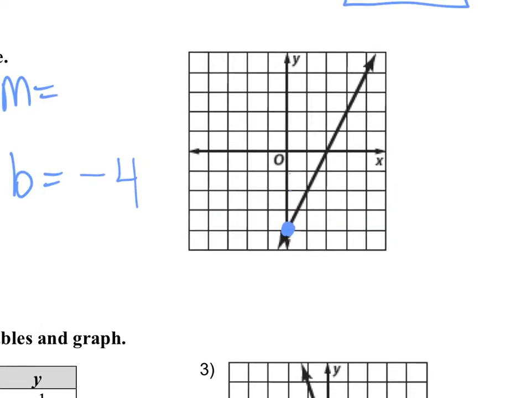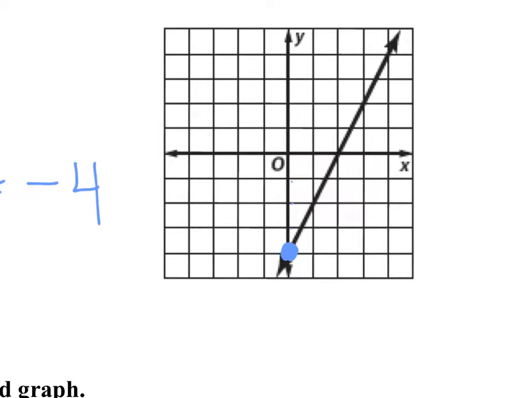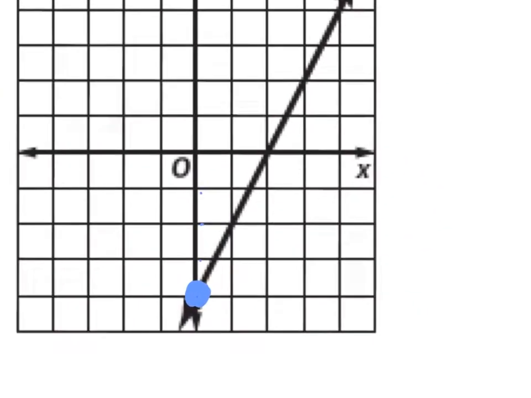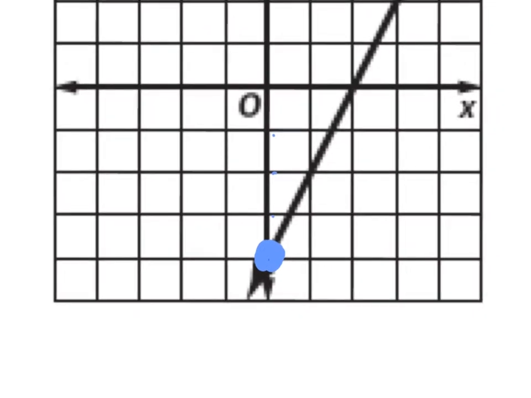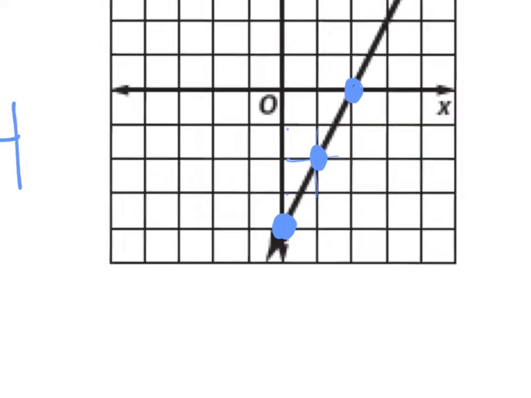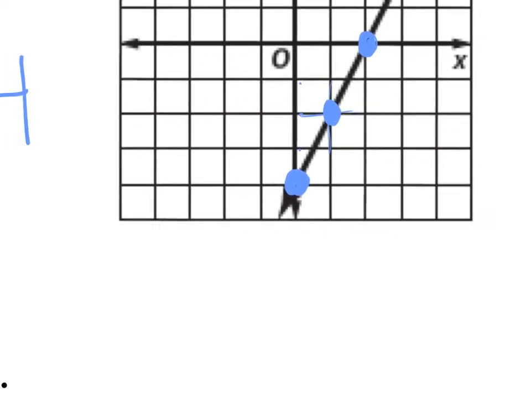Okay, so from there, I need to make at least one more point so I can figure out the slope. And have we talked about how to find a good point if they don't give you? If there's a slope, it'll have one. So you want to find good points that go right in the middle of the intersections. So then from there, you can find your rise over your run. Just look from point to point.